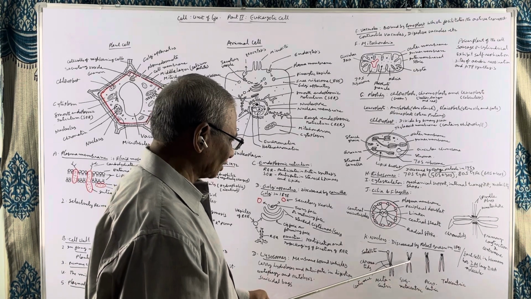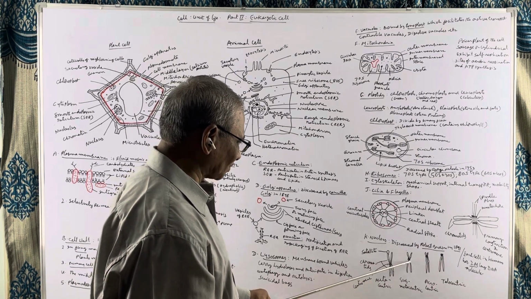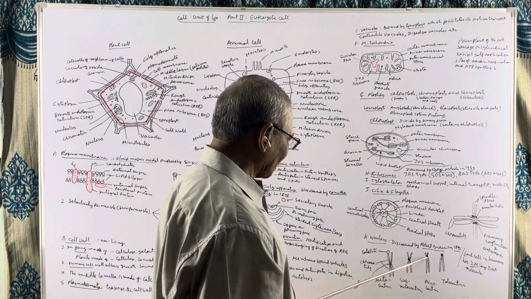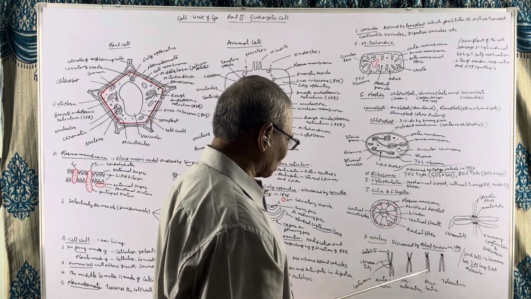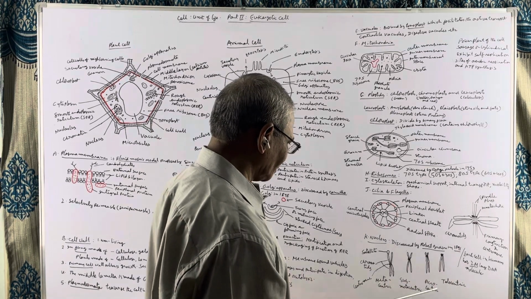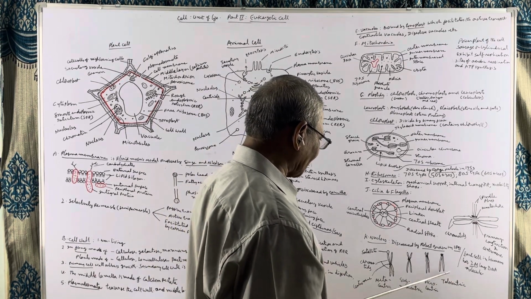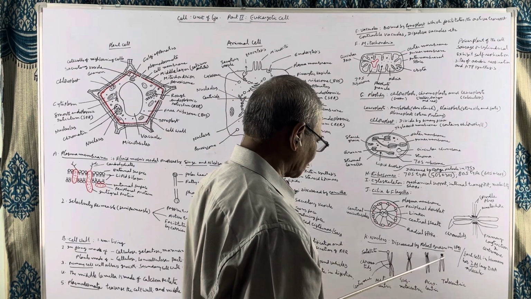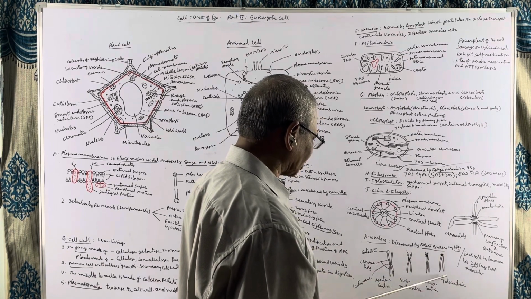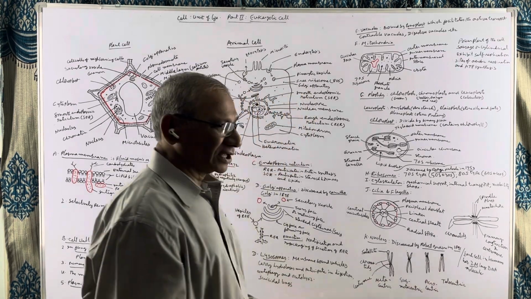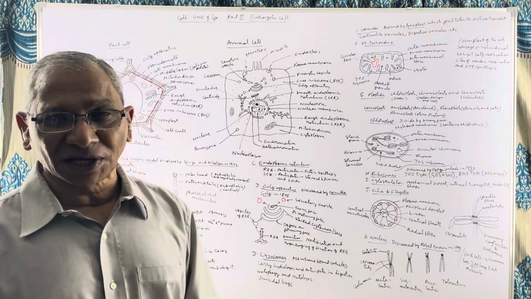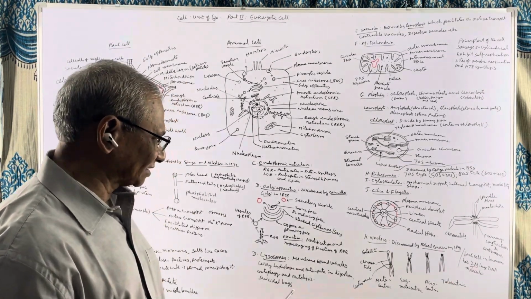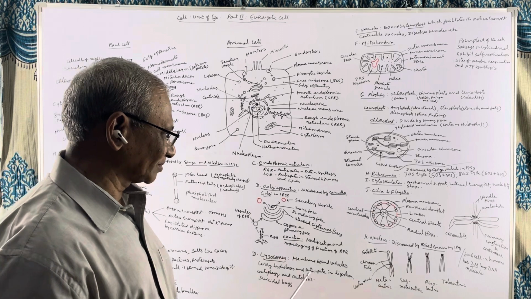If the centromere is almost at one end of the chromosome, it is known as acrocentric. If it is at the end of the chromosome, it is known as telocentric. So in this way, based upon the position of the centromere, chromosomes are classified into metacentric, submetacentric, acrocentric and telocentric.